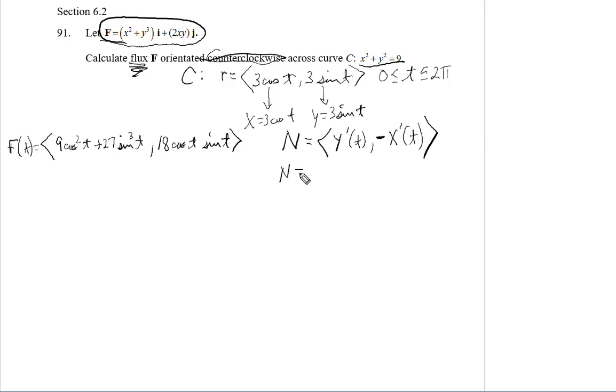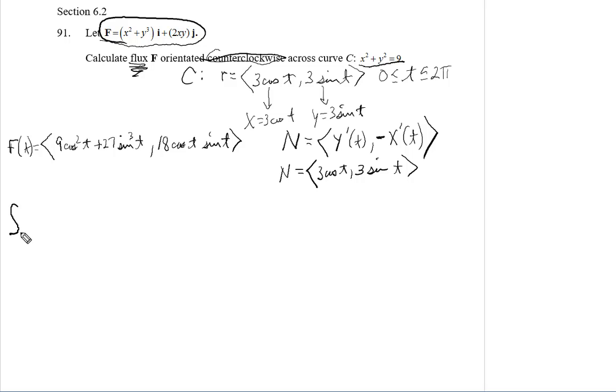So our normal vector would be the derivative of 3 sine t, which is 3 cosine t, and the derivative of 3 cosine t, which is negative 3 sine t, but with a negative on it, which would be positive 3 sine t. So there's our n.